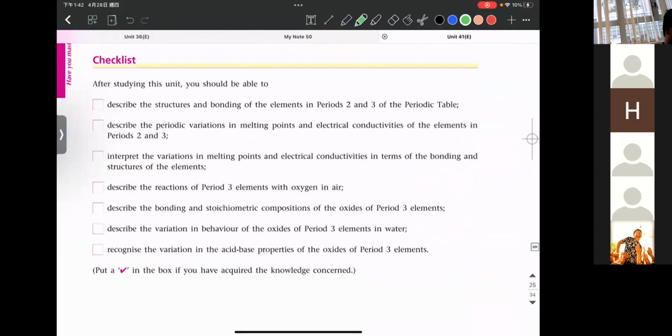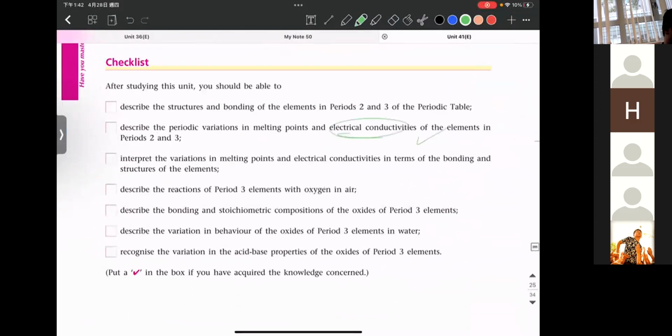This is what we have mentioned: the variation of electrical conductivity in terms of bonding structure. The period 3 elements reacting with oxygen and water to form oxides, the bonding and stoichiometric composition, you know it. The variation of behavior of oxides with water, you know it. Be aware of the two cases.